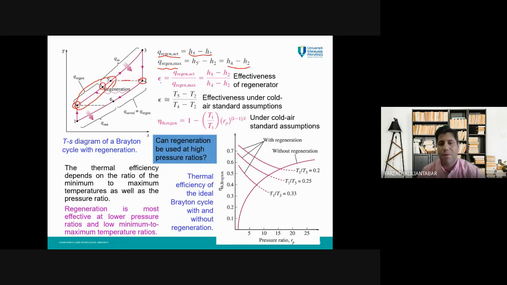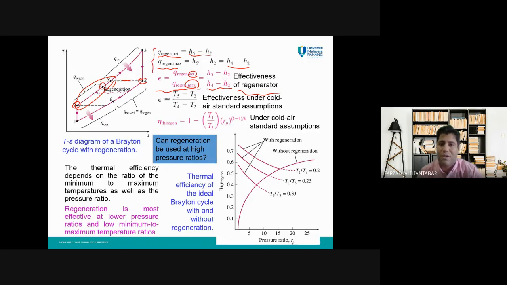So simply by this, we can calculate another parameter, which we call the effectiveness of a regenerator. How close a regenerator is to its maximum capacity can be calculated by this equation. Epsilon is equal to Q regenerated, the actual one, divided by Q regenerated, the maximum one. H5 minus H2 divided by H4 minus H2.